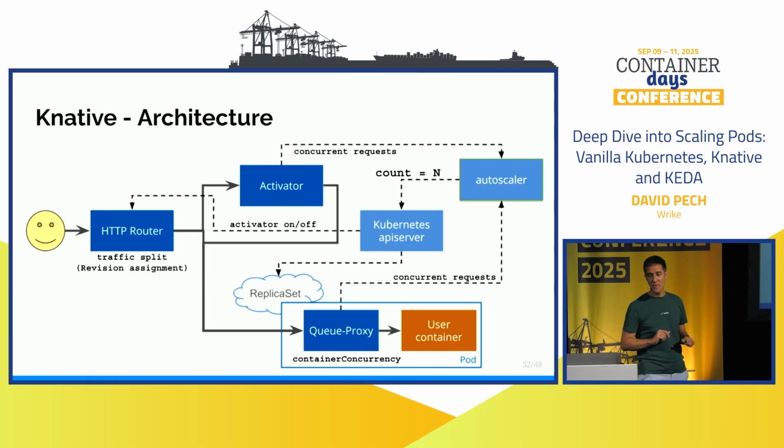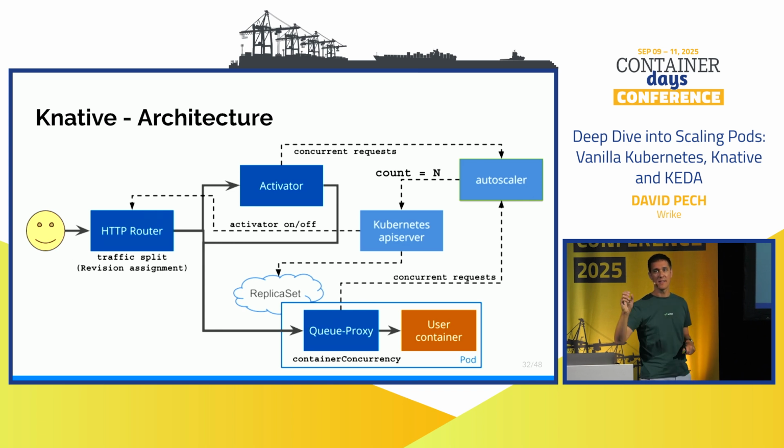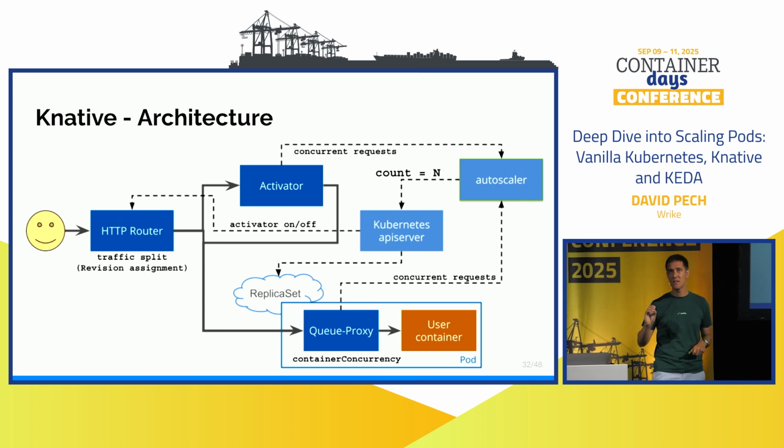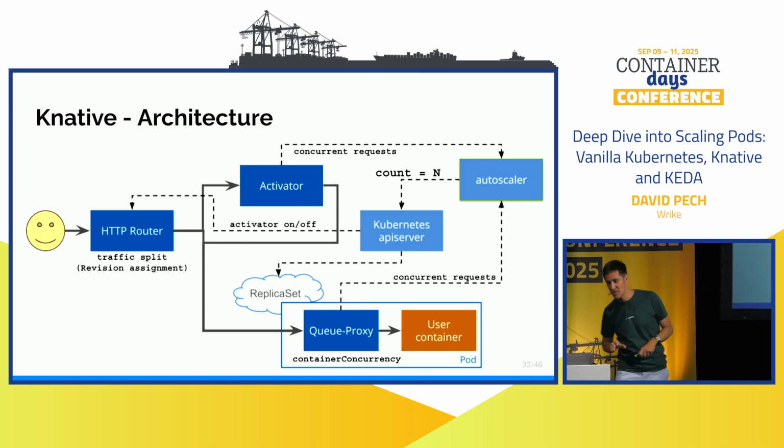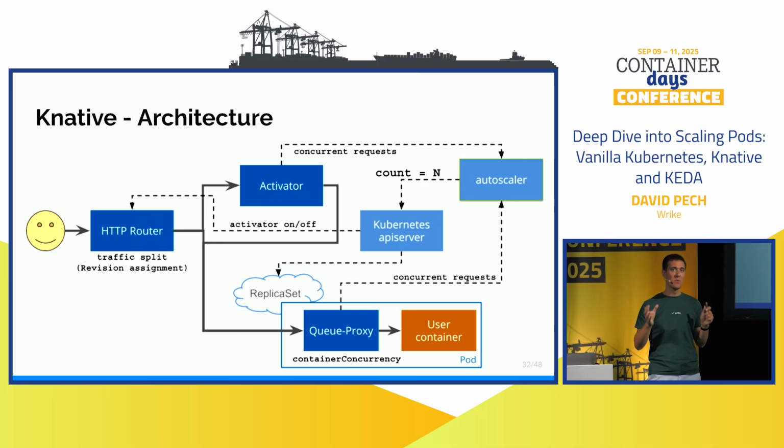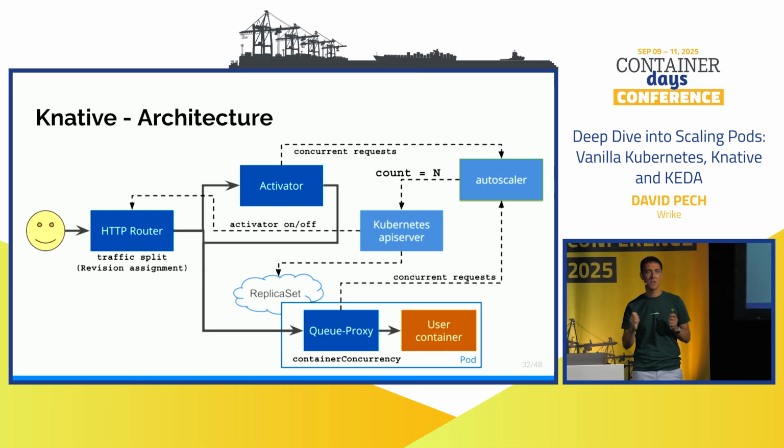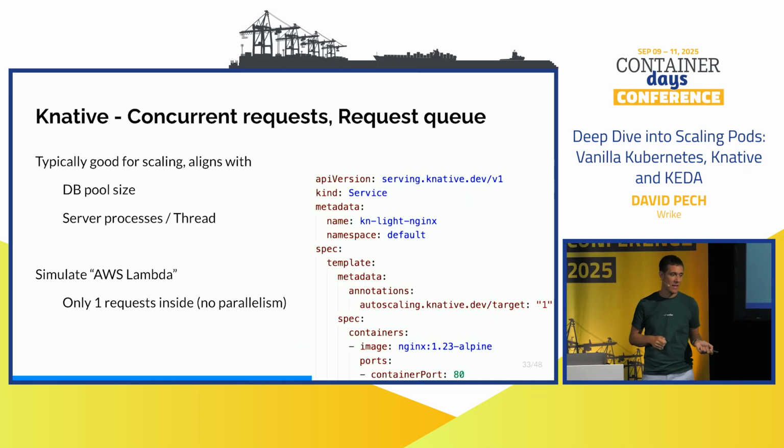This is the architecture, and I just want to showcase that what you are giving inside is basically your container or containers. This is the golden color, and everything in blue is provided for you. So there is the activator component that is like a proxy, keeping the request until your service is allowed to start from 0. There is a queue proxy which really acts as a queue in front of your service.